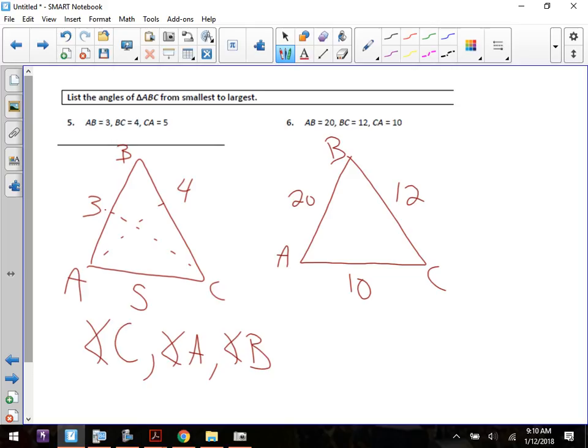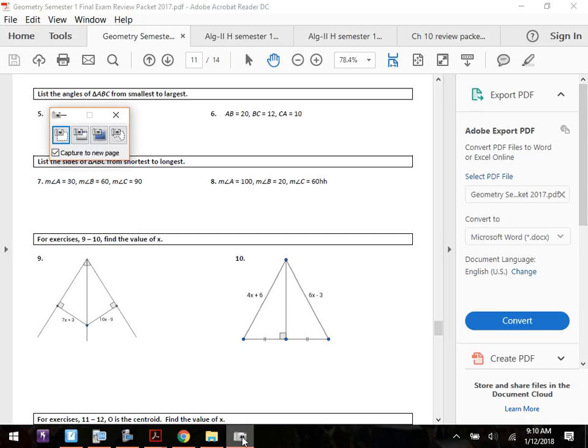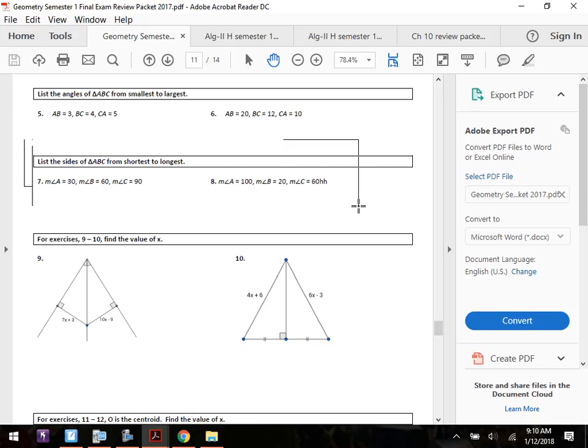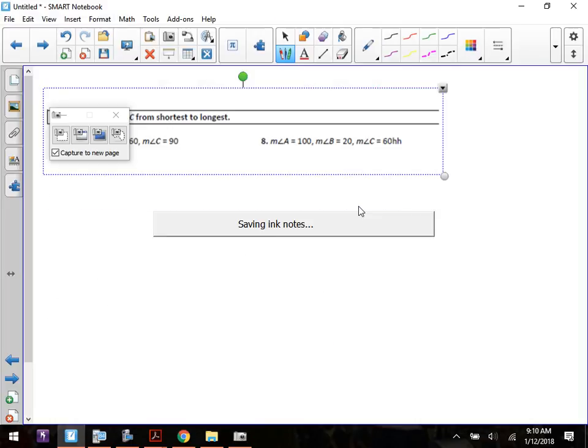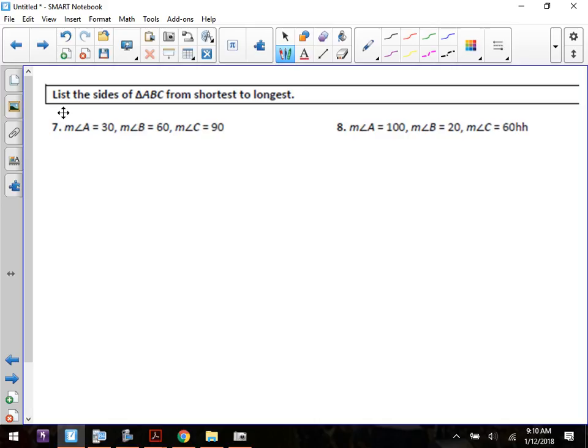Angle C in this case is across from the smallest side, and B would be the smallest. And to go along with angles, or excuse me, sides, then we go from angles to sides. Let's see, triangle.